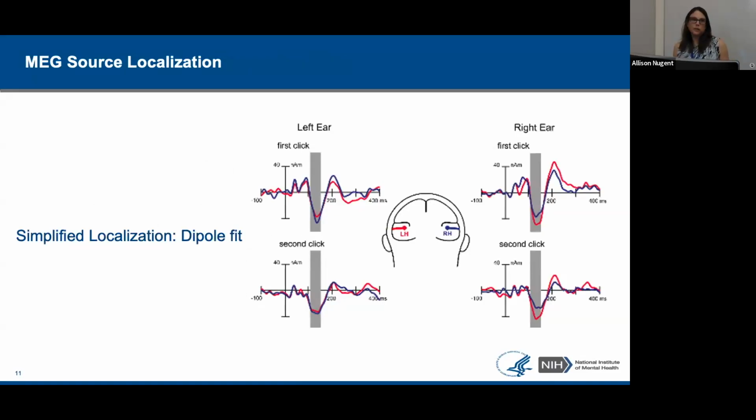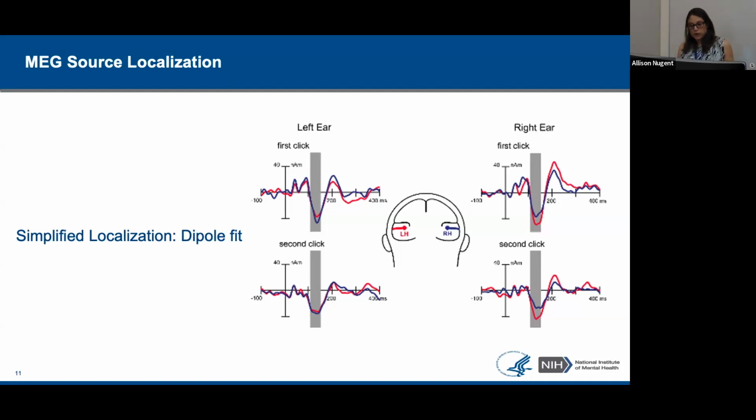Now, there's one assumption that was very frequently made in the early days of MEG, when there were even fewer sensors in most arrays: to assume a finite number of sources, usually one or two, and localize that one source very accurately. This works very well for some types of stimuli.